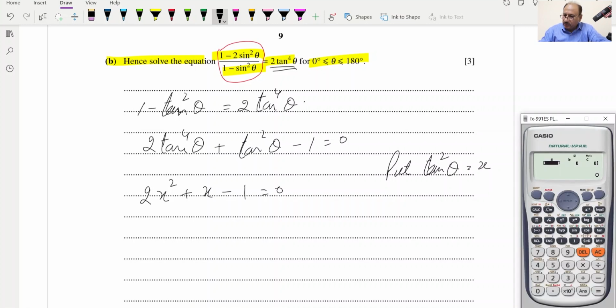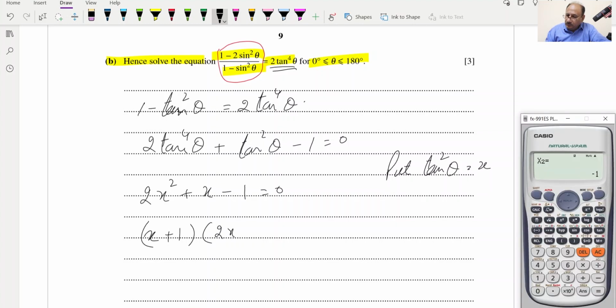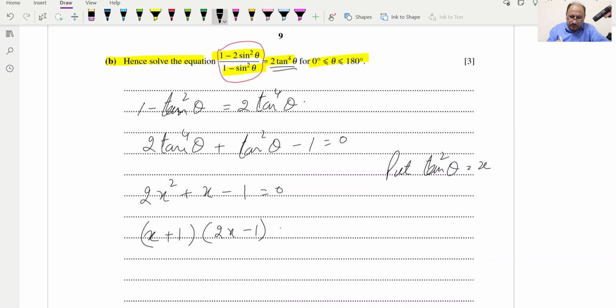The coefficient of x squared is 2, the coefficient of x is 1, and the constant is minus 1, so this will be 1 by 2 and minus 1, so (x plus 1) and (2x minus 1), and this is equal to 0. If you multiply, we'll get 2x squared minus x plus 2x minus 1. Yes, so this implies x is equal to minus 1 and x is equal to 1 by 2.